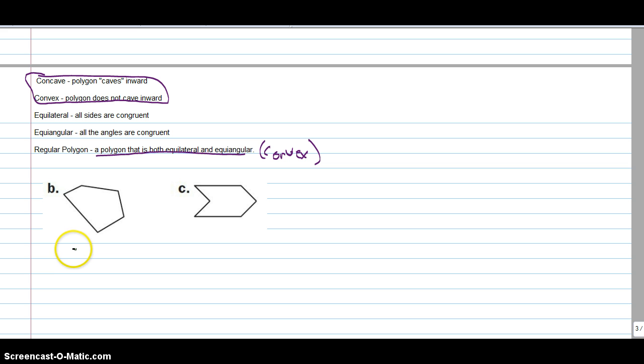Now we look at these 2 polygons. One of them is concave, one of them is convex. One of them caves inwards. Okay, so one of them caves in. This one right here, see, you're right here, and it goes inward. It goes inside the polygon. So when you go inside, that is concave.